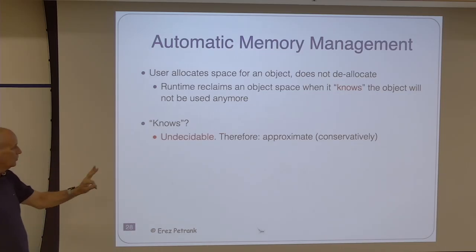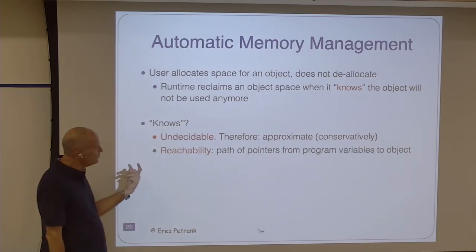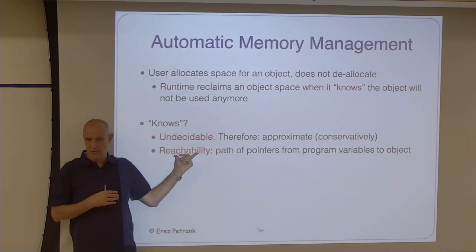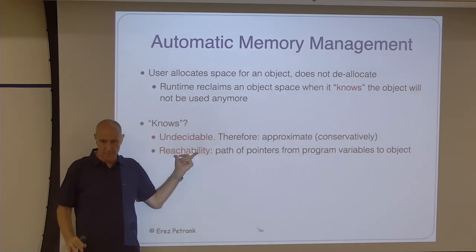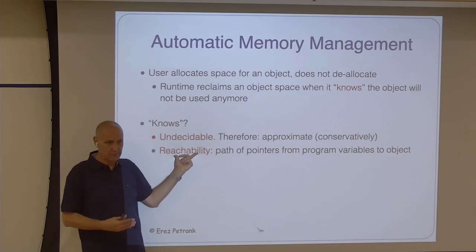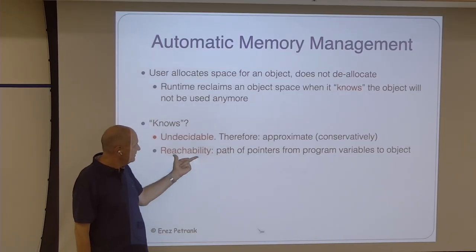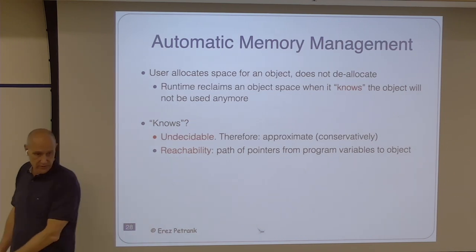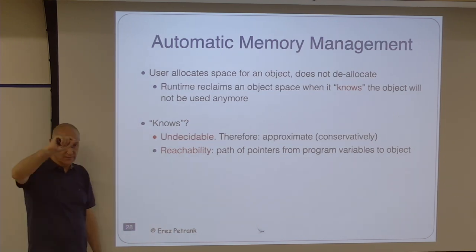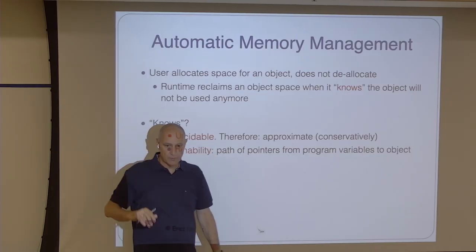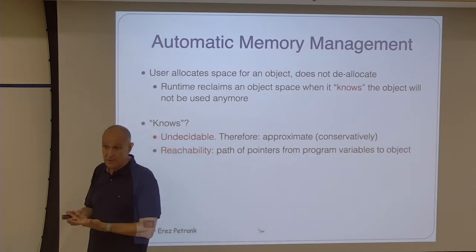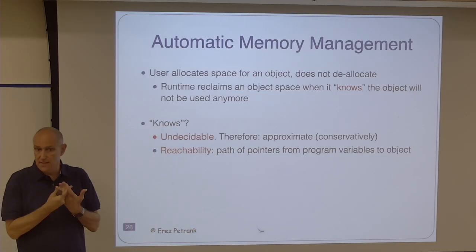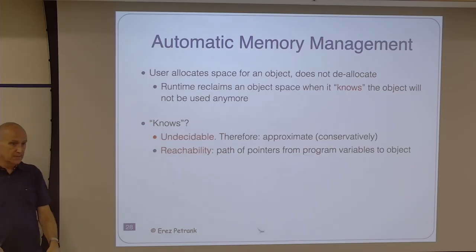So if you cannot do this, what we usually do, this is the general solution, and this solution has been accepted because it works very well in practice. We say that if an object is reachable by a path of pointers from the original variables of the program, so a program has some variables in its methods, in global variables, and from it they can get into the heap.